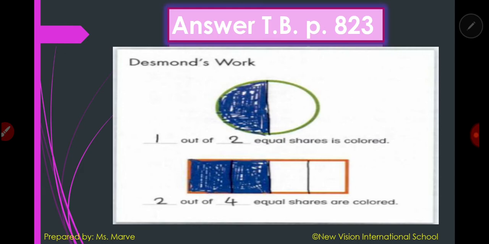And then later on in this lesson, you will learn the special names for shapes divided into 2 and 4 equal shares. Can I ask you again? How do you call the shapes that are divided into 2? Great, it is halves. And how about the shapes that are divided into 4 equal shares?